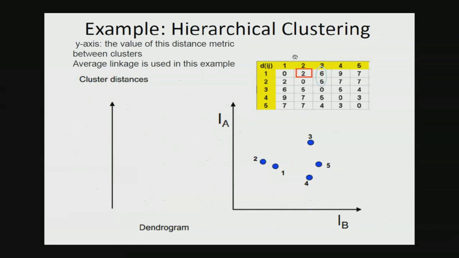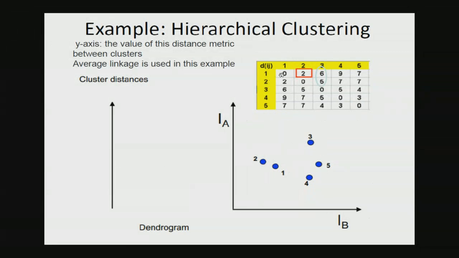Now imagine we have 5 data points in a 2-dimensional space. Each data point comes with x and y coordinates. If we use, say, Manhattan distance, just think of it as the absolute value distance, then we can calculate each pairwise distance of these 5 data points and construct a distance matrix.